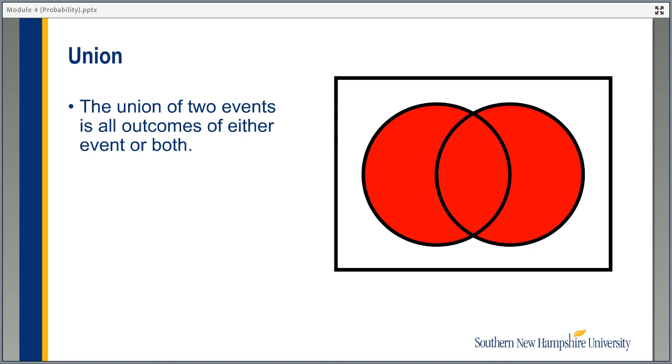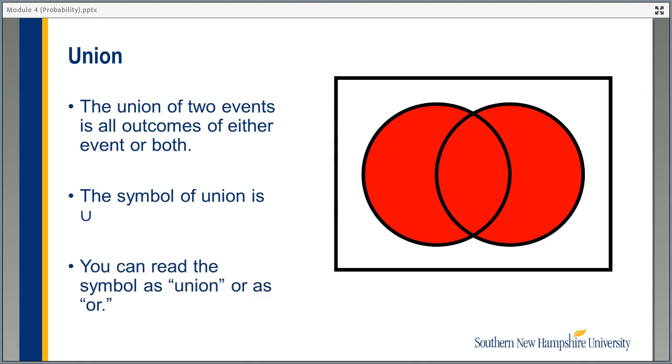The union of the events of having a dog and having a cat is colored red. This red space would include all the people who either have a dog, have a cat, or both, and the white part on the outside will only include people who have neither. The symbol for union looks like a giant U, which makes it easy to remember. We can either read the symbol as union or as or.